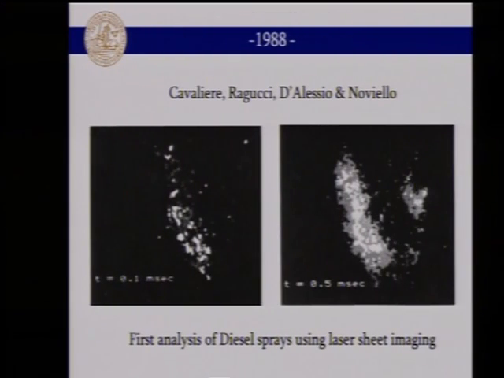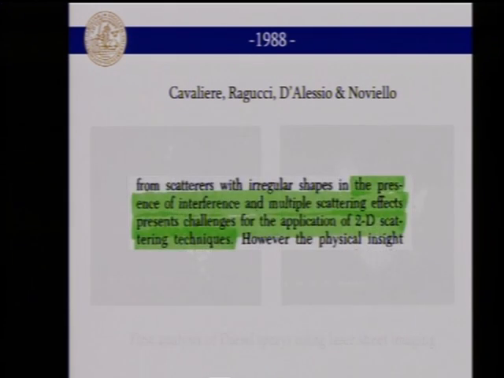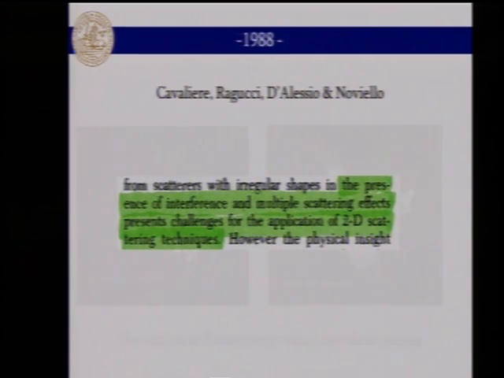Later on, in 1988, Cavalier et al. did the first planar imaging in a diesel spray. And once again, they reported in their paper that the presence of interference and multiple scattering effects presents challenges for the application of 2D scattering techniques.